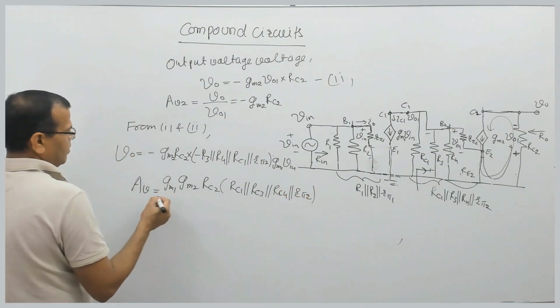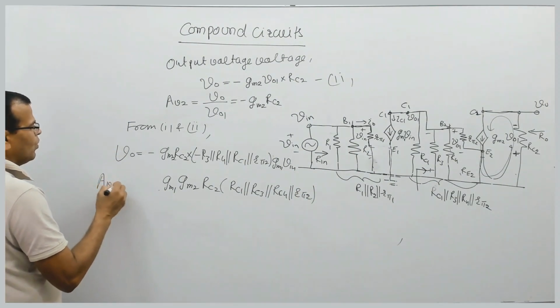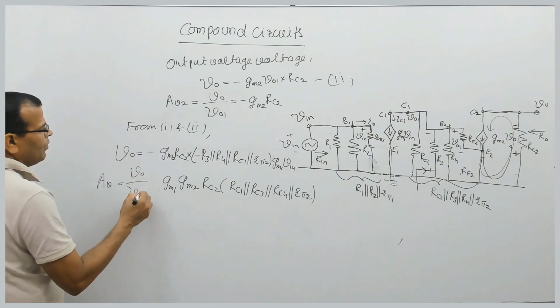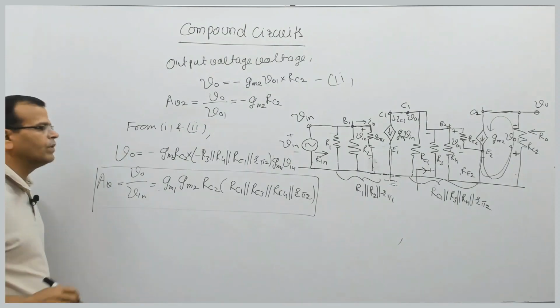That is a plus sign. So that is the overall voltage gain V0 upon V input, and that is of course positive. So this is the overall voltage gain of the amplifier.